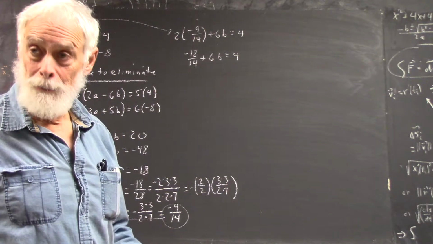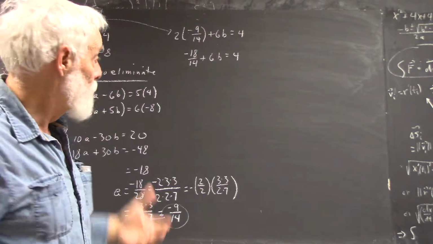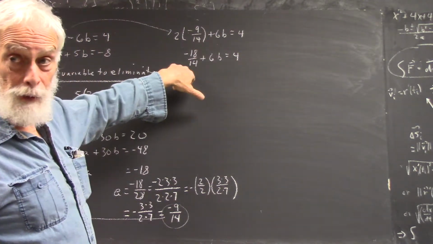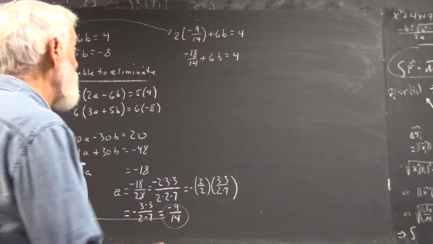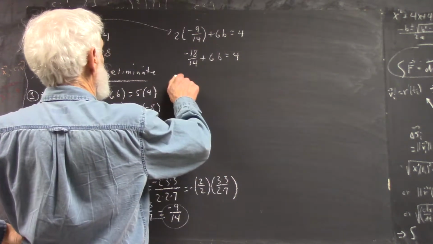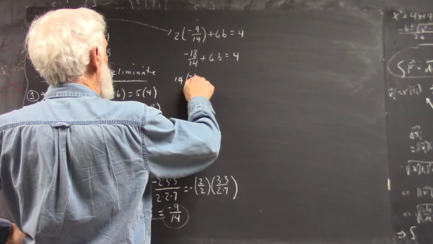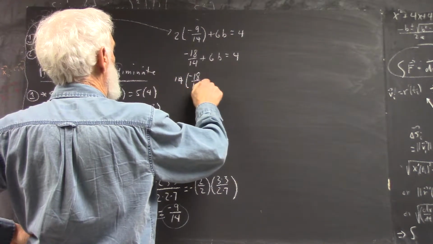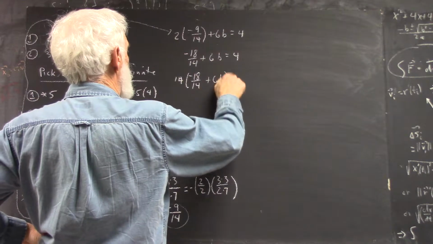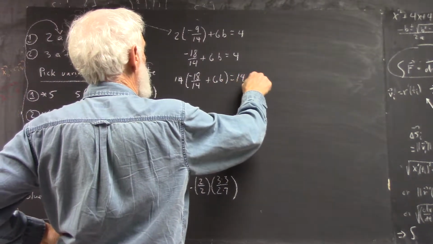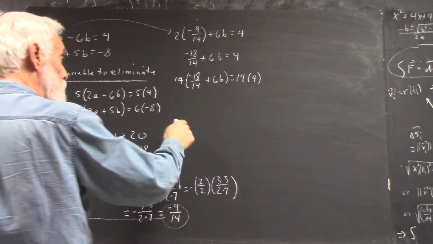The least common denominator is the easiest. But right now, the only denominator you have is 14, so we multiply by 14. Distribute.